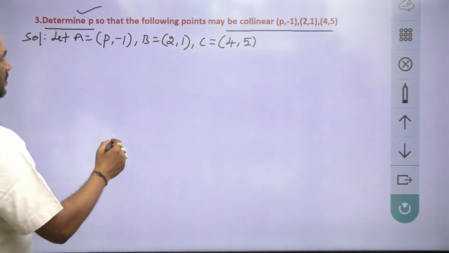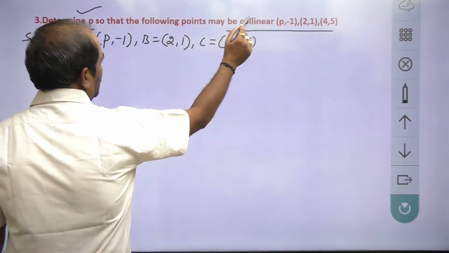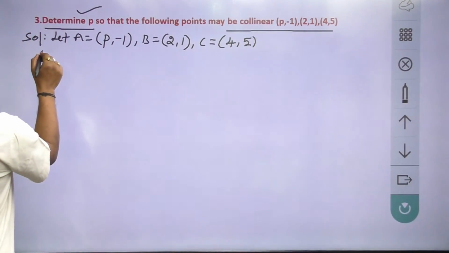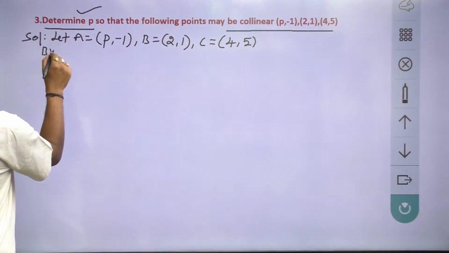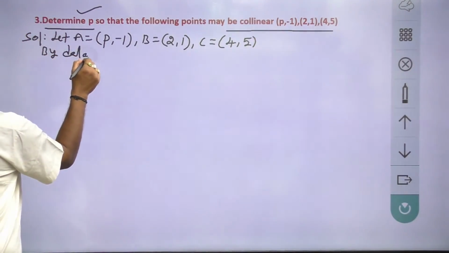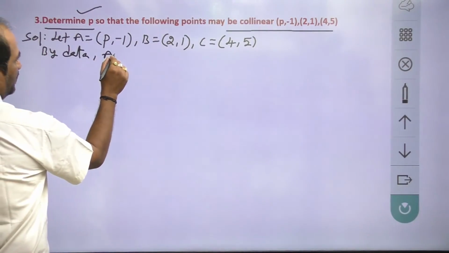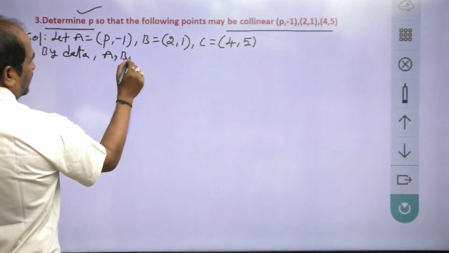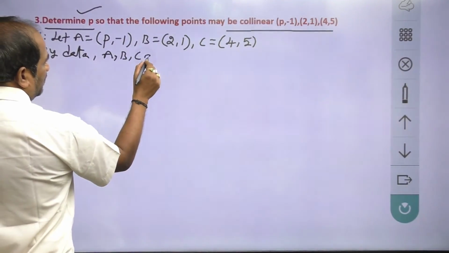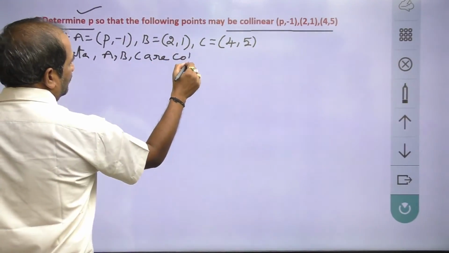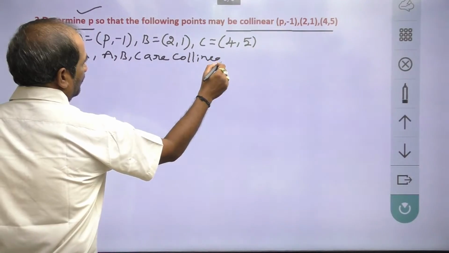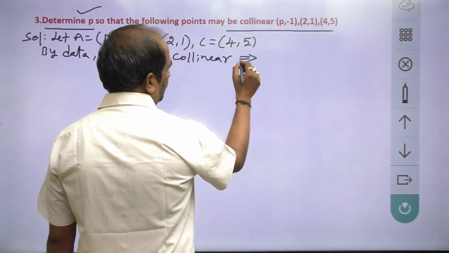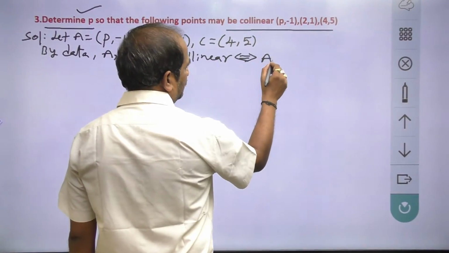By the given data, these 3 points A, B, C are collinear. If and only if the collinear condition holds, the area of triangle ABC is 0.